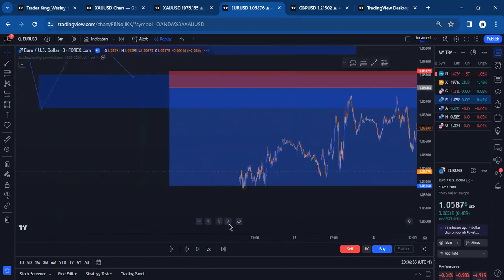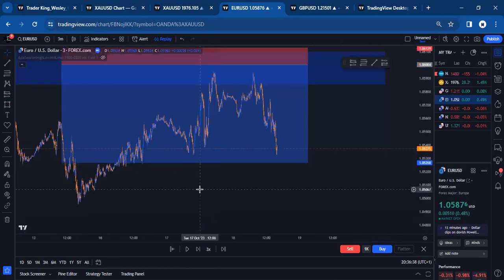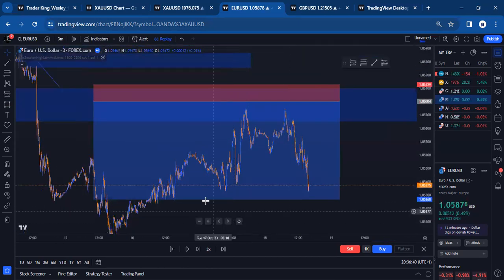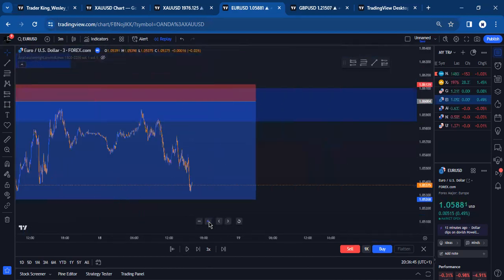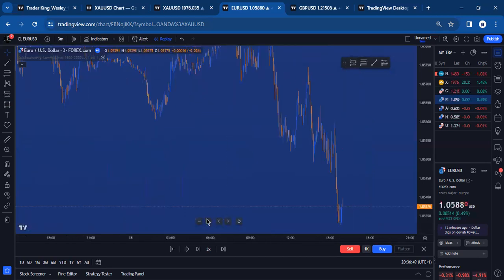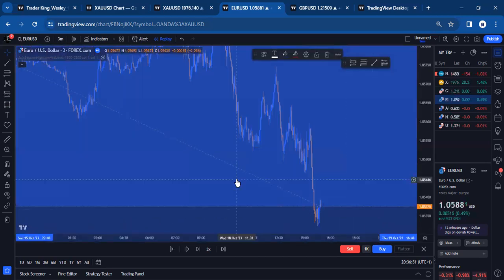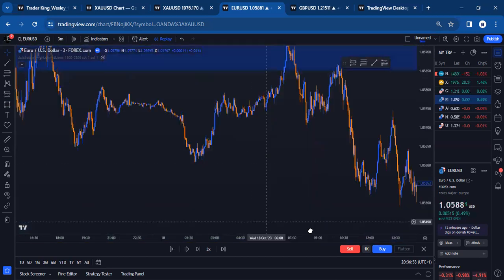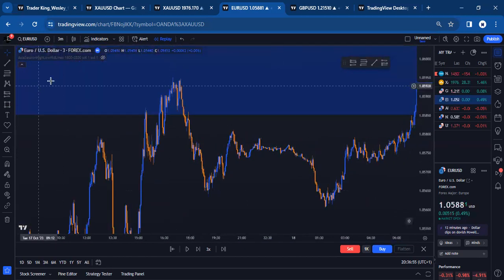Now, did we get those internal structure moves? Perfecto, we did get them. Now, that internal structure move, let me show you. Let me zoom in, sorry. Now we have our market structure shift right here.